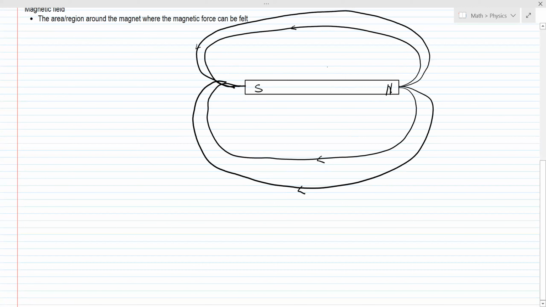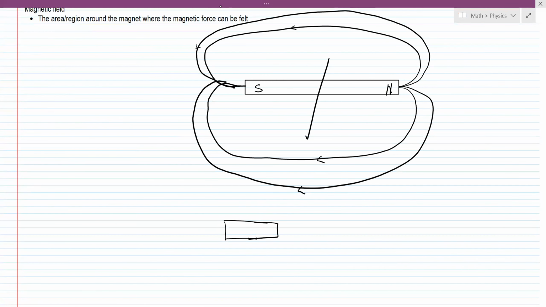Now, what happens if we split this magnet into two? Do we have a new pole, or does this continue to be the north, or what's going to happen? If we split this into two, we have two new separate magnets.